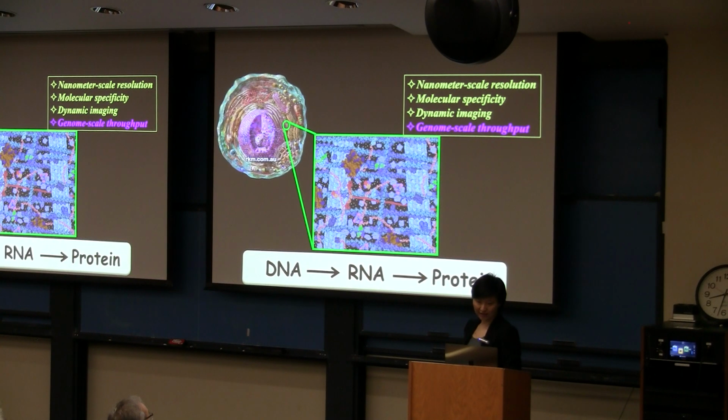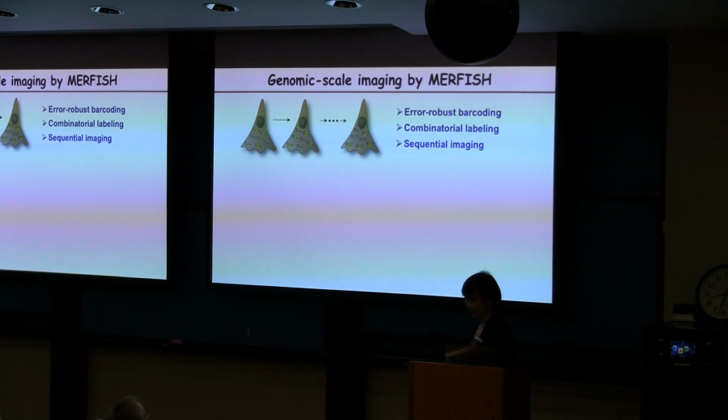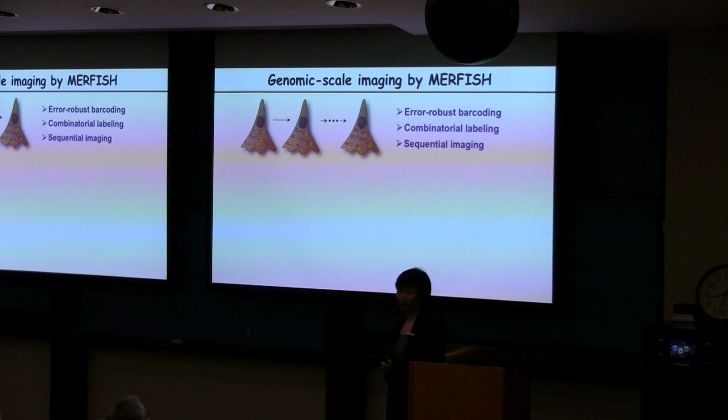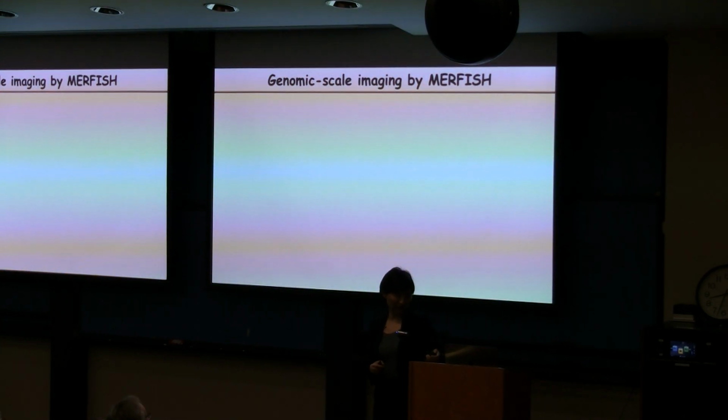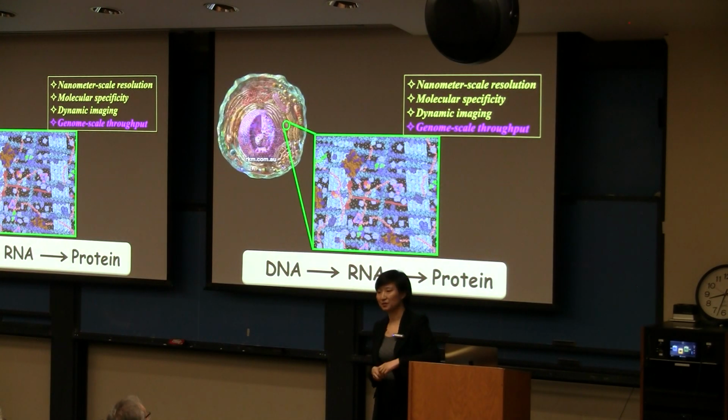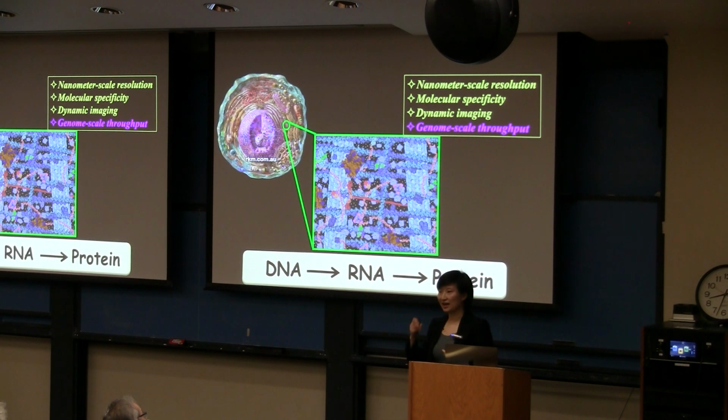So how to do that? We know that imaging is not known to give this genomic scale. Actually, if you think about the kind of imaging experiments we typically do, we do one color imaging for one molecular species, two or three color imaging to study the interaction between two or three different color species. And the genomic scale means thousands, if not more, different genes.